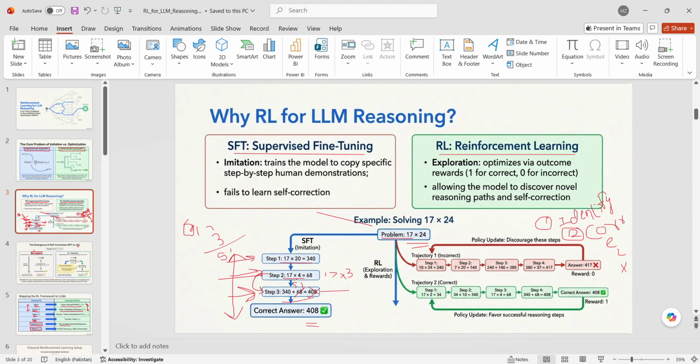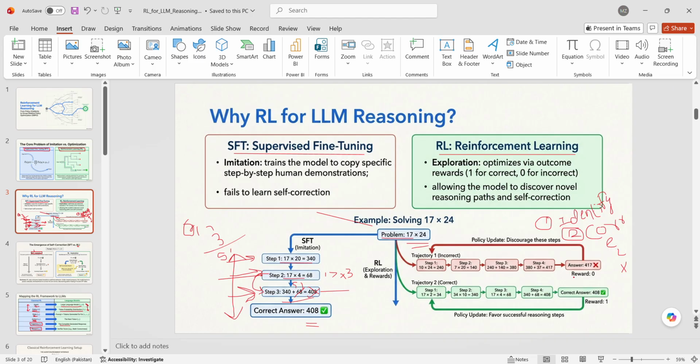God knows what happens. The difference between SFT and reinforcement learning is that when we instill reasoning via reinforcement learning, it is able to quote unquote think in a step by step manner, and it is able to identify the mistake it makes and correct those mistakes so that it can reach the correct answer.